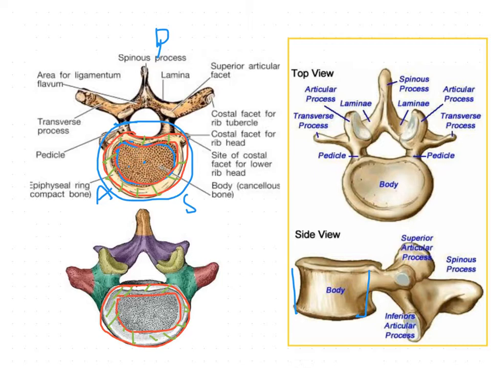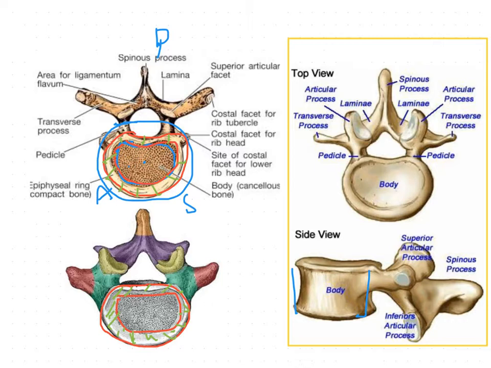These epiphyseal plates are nothing but the growth plates. So these epiphyseal plates are located on the superior and inferior aspects of the cortical bone of the vertebral body.